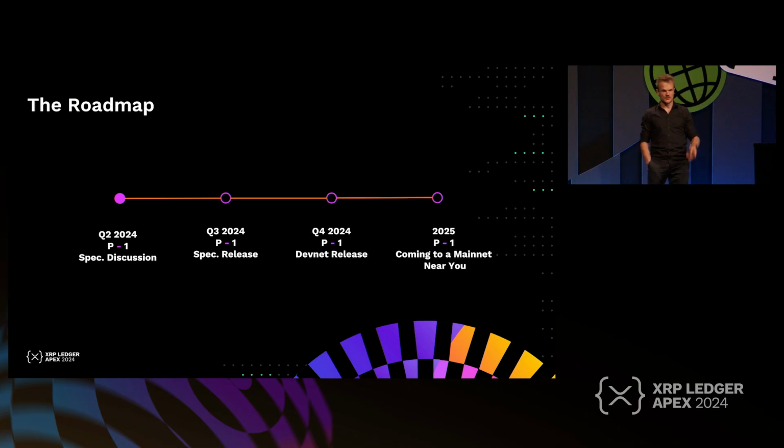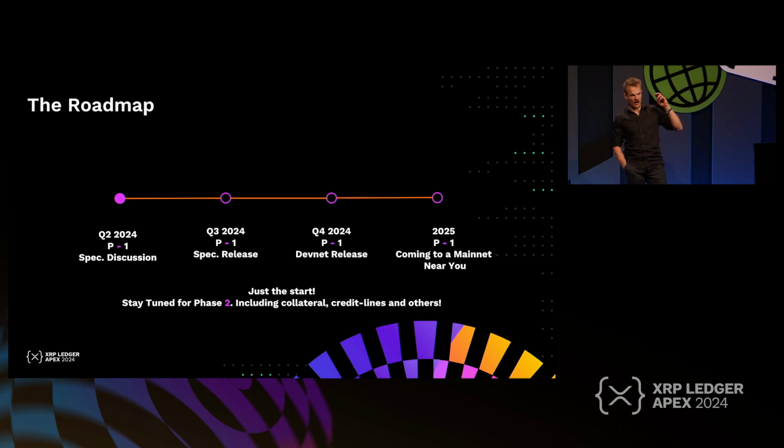However, this is just phase 1. In phase 2, we will bring other more complex, feature-rich aspects of lending, such as different kinds of loans, for example, credit lines, or collateralization mechanisms, and others.